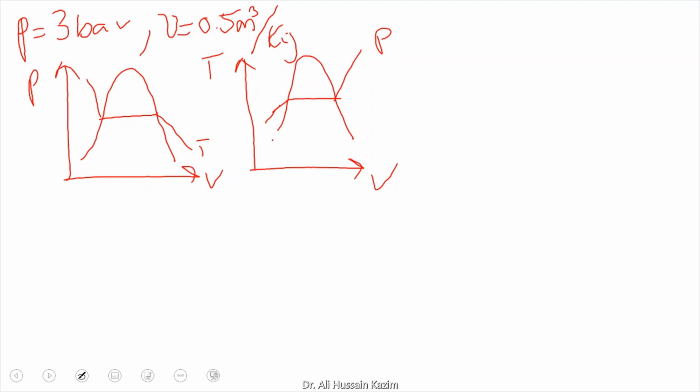So we are given 3 bar pressure and the specific volume.